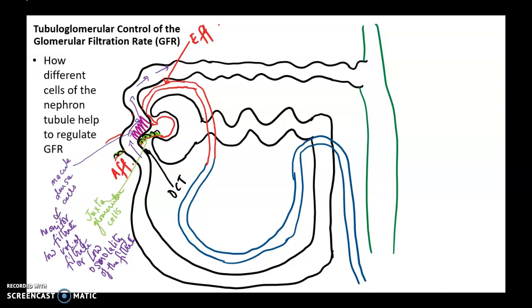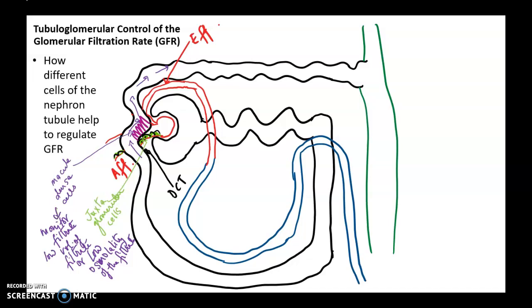So of course the blood pressure is low. That's why we have low filtrate volume. And then these macula densa cells coordinate with the juxtaglomerular cells. And it tells the juxtaglomerular cells, hey dude, you need to do something. I feel that the blood pressure is low and there is also low blood osmolality. So dude, you need to do something.